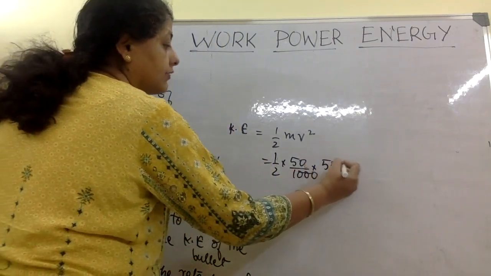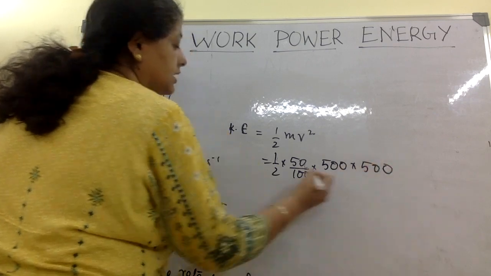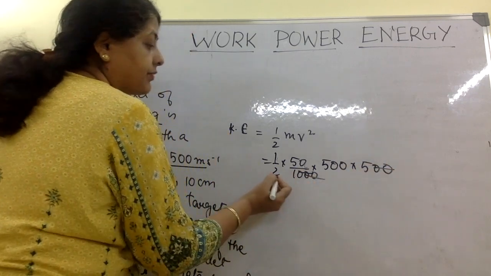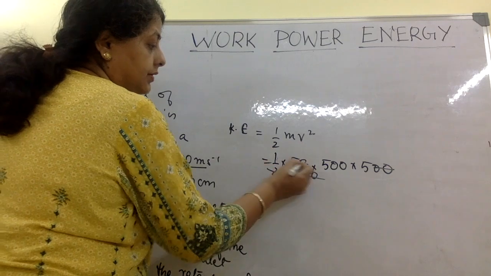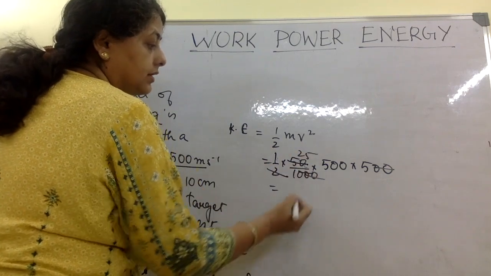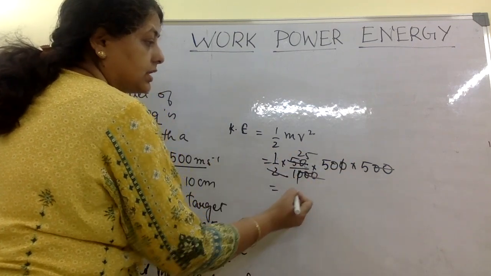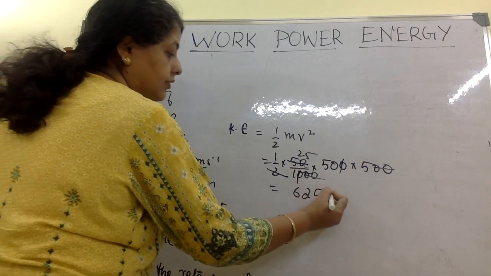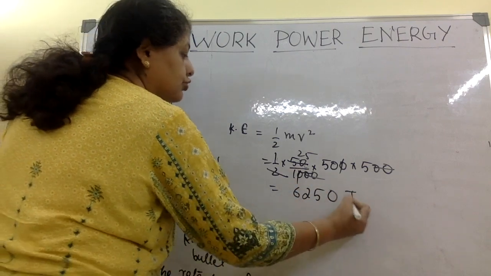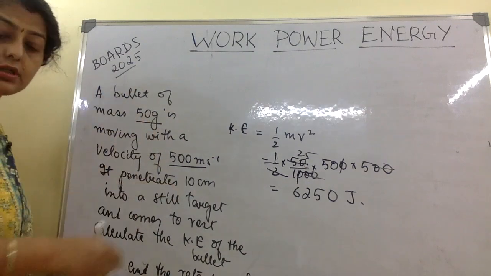Let me see how much I can cancel. Here 25, then one more 0 goes, so it is 6250 joules, since it is kinetic energy.